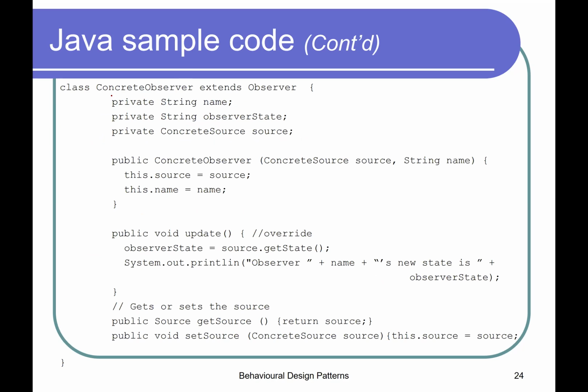Here's a concrete observer. It has its own name, an observed state and a concrete state; it has a whole bunch of variables. Now here's the interesting part. When I'm creating it, I'm creating a reference to the concrete object.